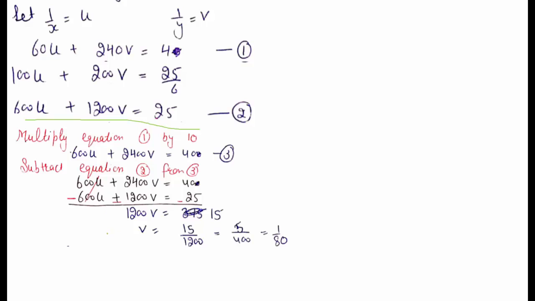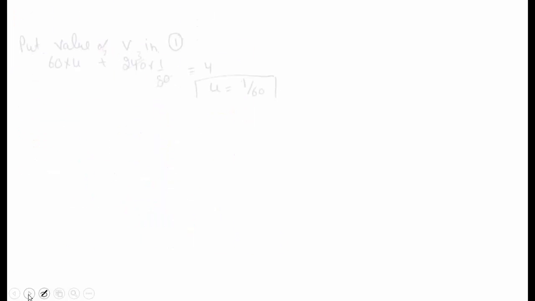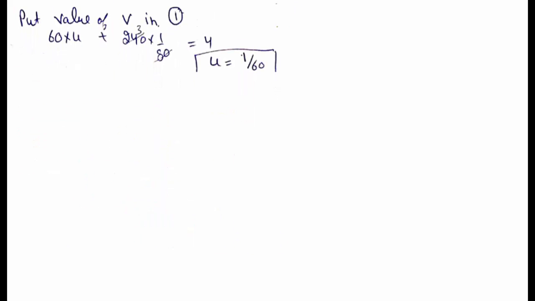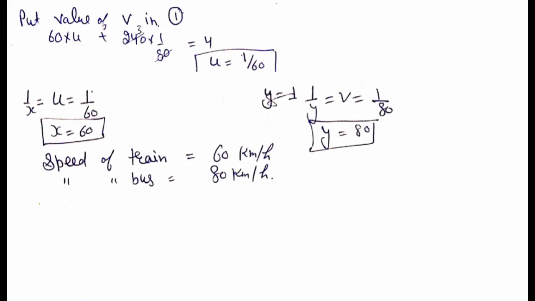On subtracting, you will get v equals 1 by 80, and we will substitute the value of v in equation 1 or 2. You will get u equals 1 by 60, and again substituting 1 by x equals u and 1 by y equals v, x will be 60 and y will be 80. So the speed of the train will be 60 km per hour and the speed of the bus will be 80 km per hour.